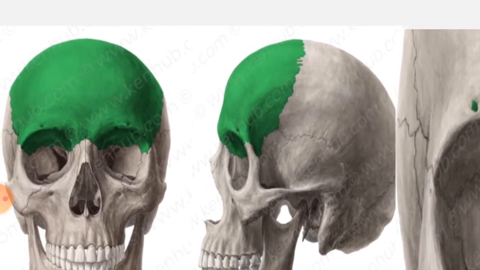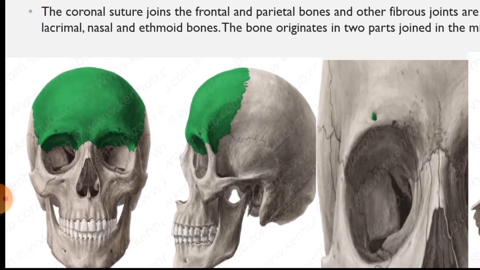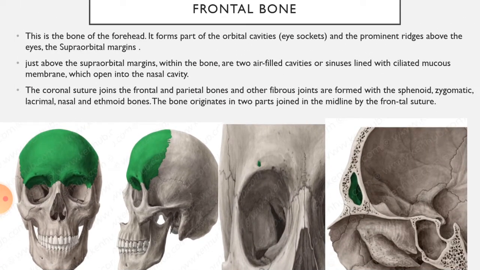You can see that these also take part in the formation of the orbital cavity, and these prominent ridges are called the supraorbital margins. At this part here, you will find the frontal sinuses.